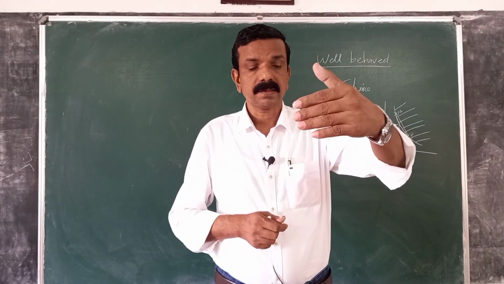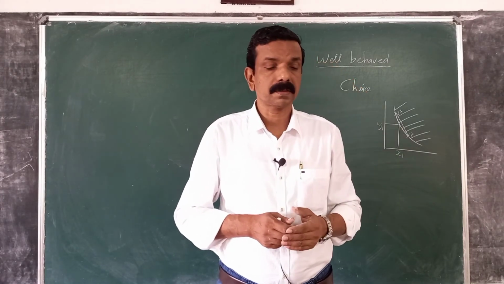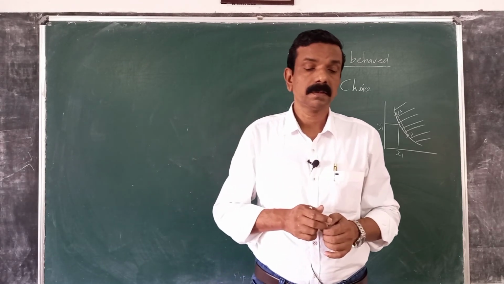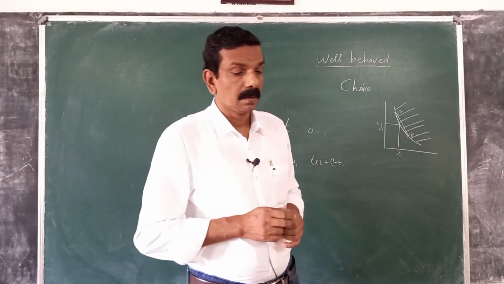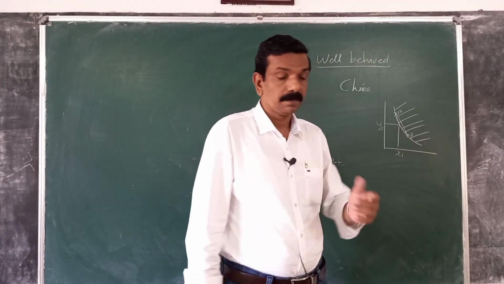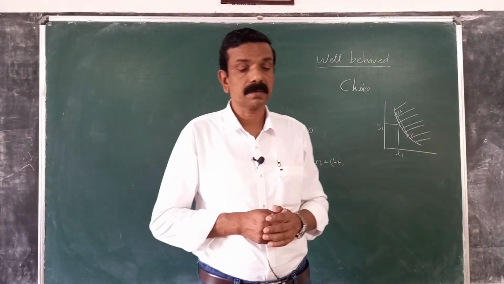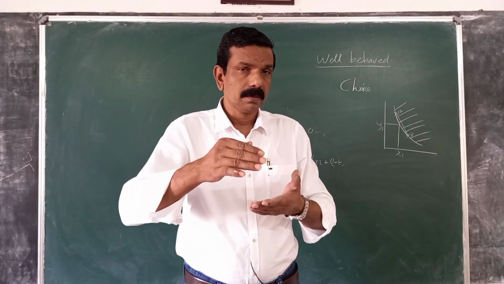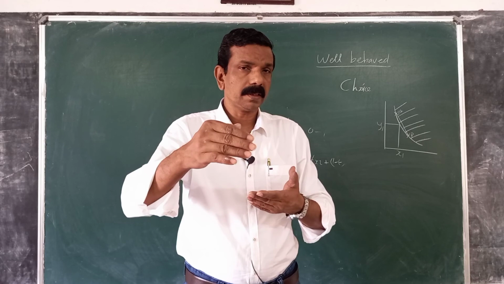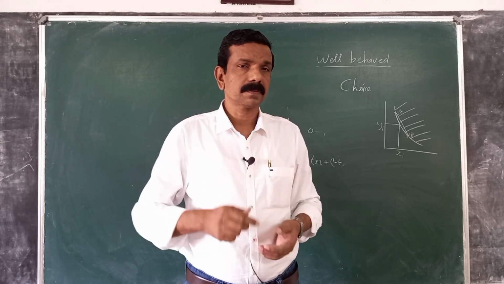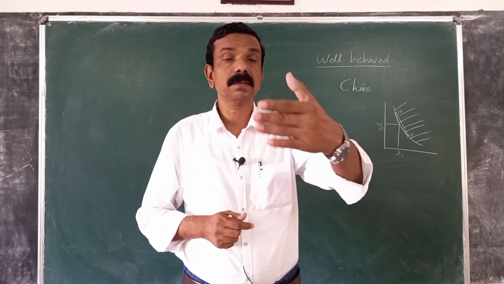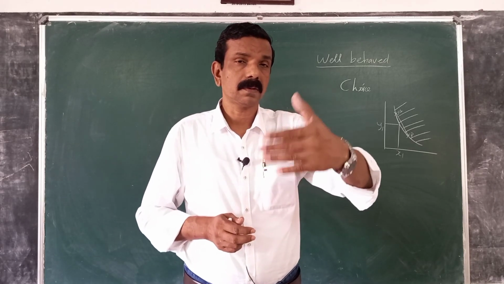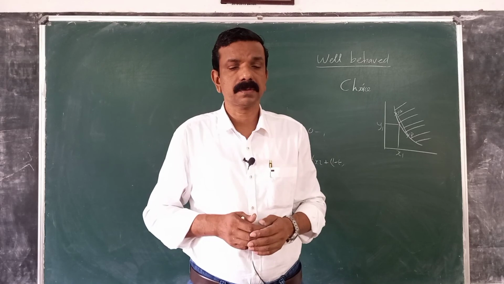Convex preferences may have flat spots, but strict convexity means indifference curves are rounded. And the indifference curve for perfect substitutes, as an example, is convex, not strictly convex. So, averages are preferred to extremes geometrically means strict convexity of indifference curves.